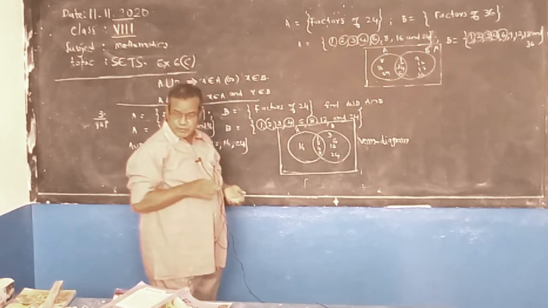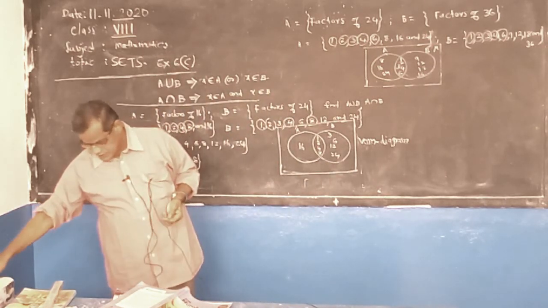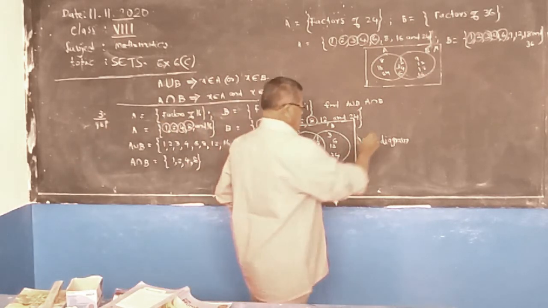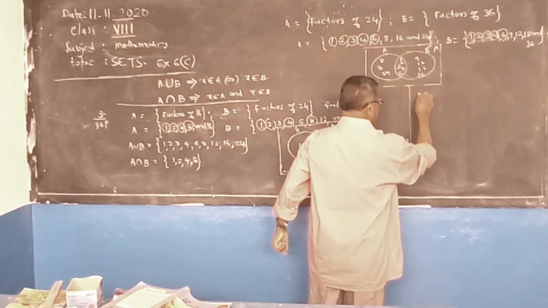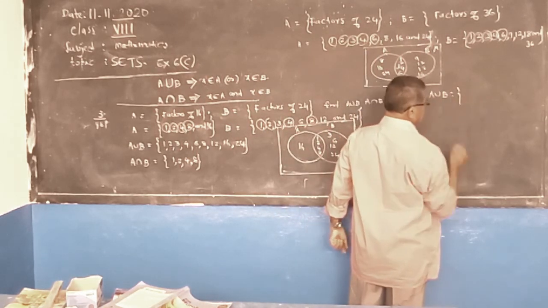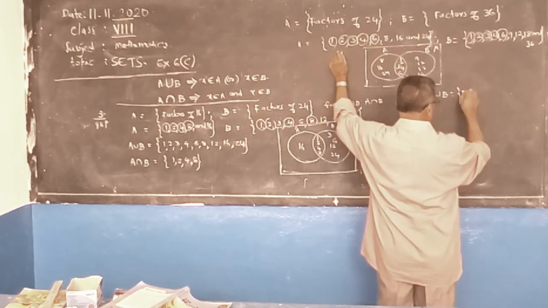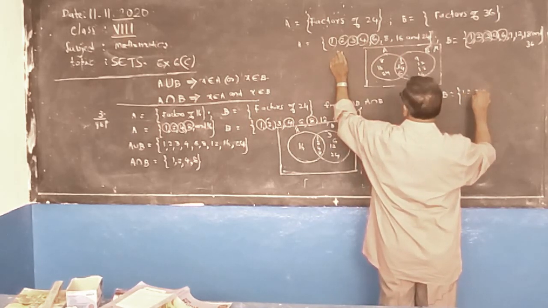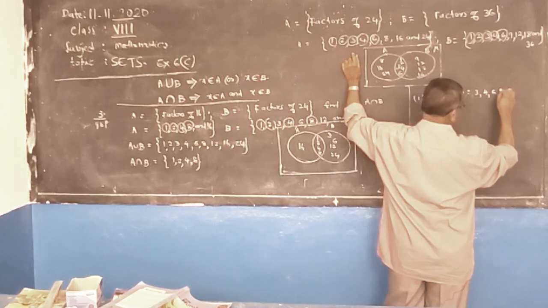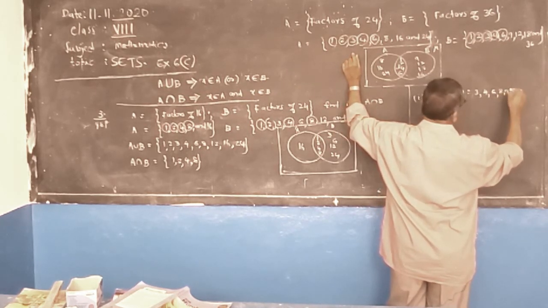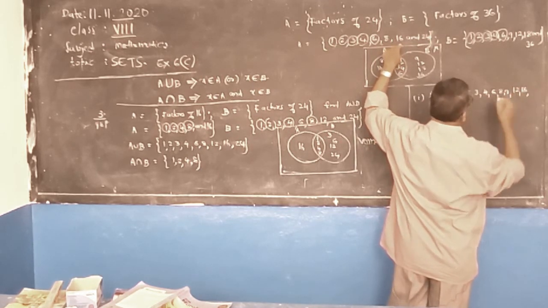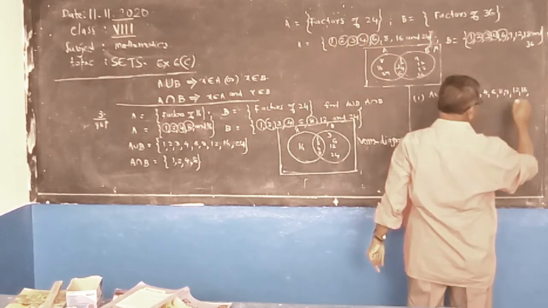Now A union B: combine all the elements: 1, 2, 3, 4, 6, next 8, 9, after 9, 12, 16, 18 and 36.